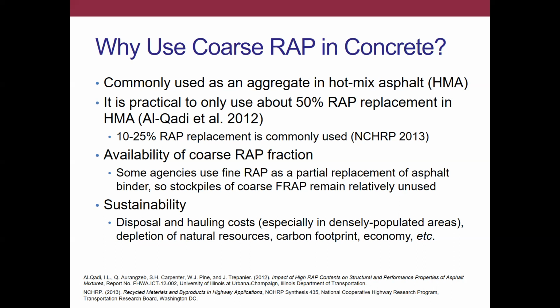The literature suggests that only about 50% RAP is realistic, and the replacement amounts that are common seem to be only up to maybe 25%. Some agencies will increase that RAP content, particularly in lower layers, but for surface wearing courses, the RAP content is limited to maybe 10 to 25% of the aggregate replacement.